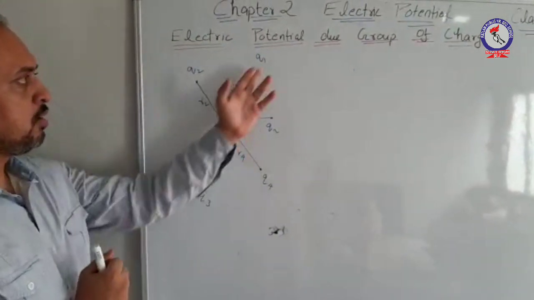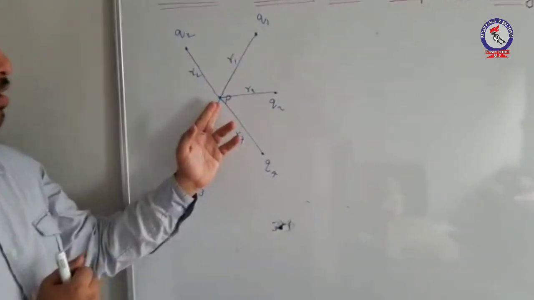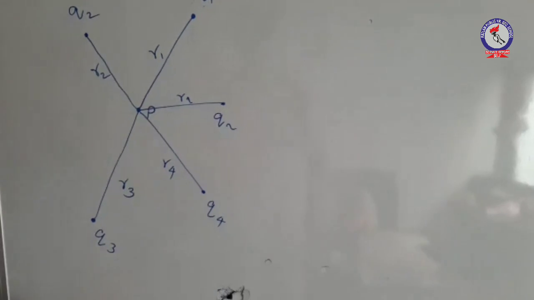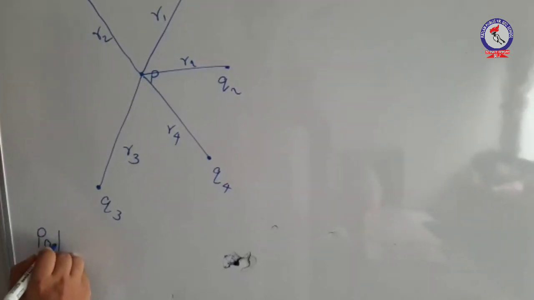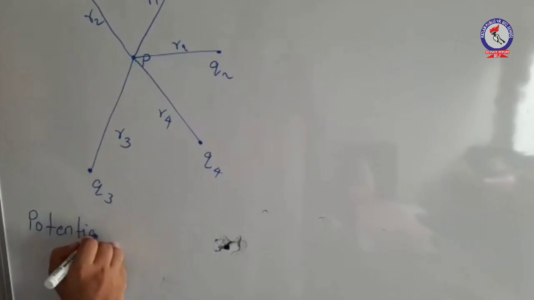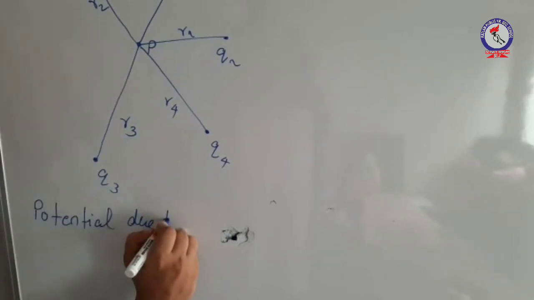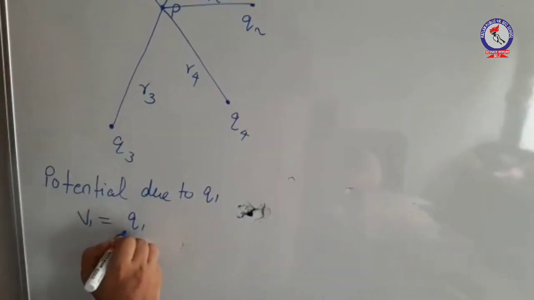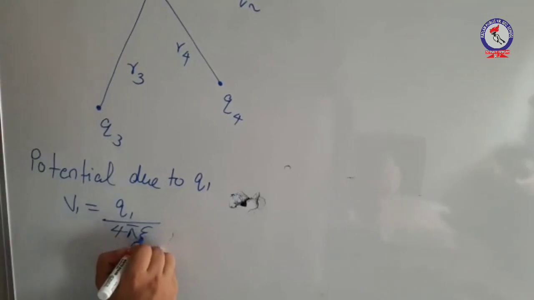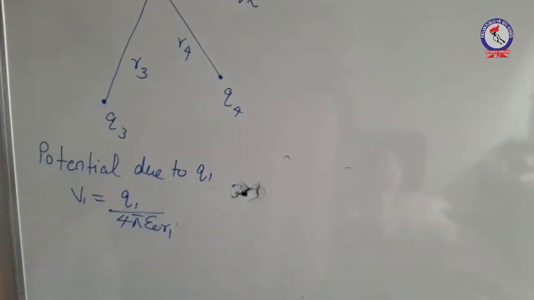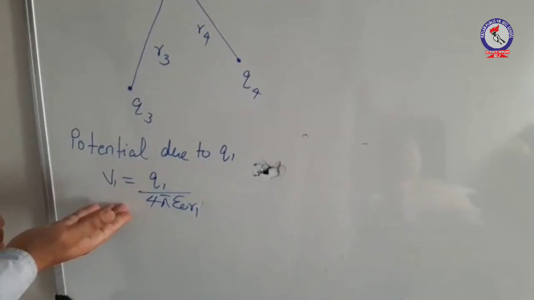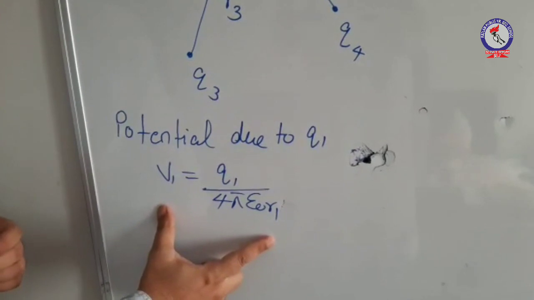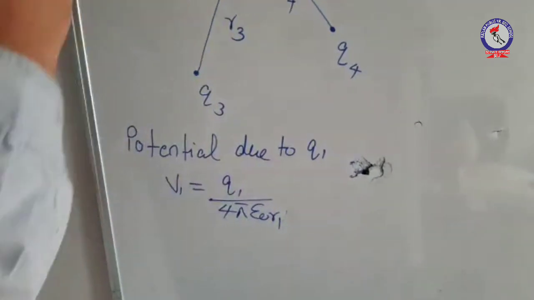Let us suppose that Q1 is a charge and P is the point at a distance R1 from Q1. Therefore, the potential due to Q1, I write V1 as Q1 upon 4 pi epsilon 0 R1. This expression can only be written considering that only Q1 was present.